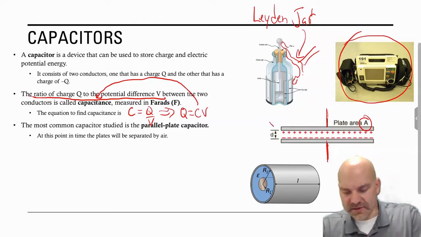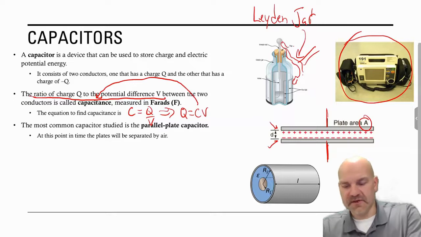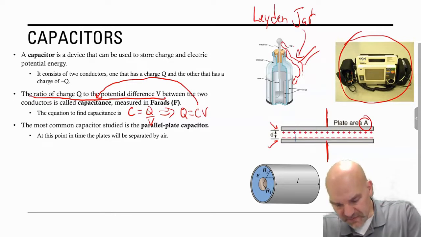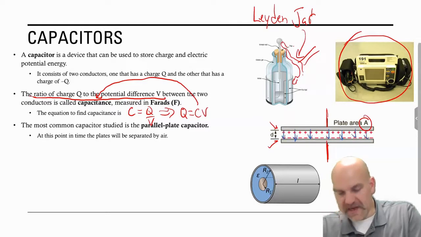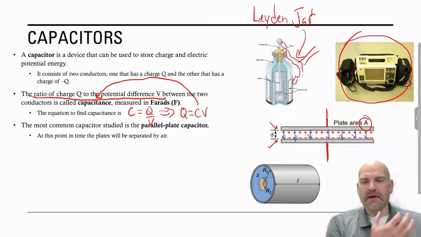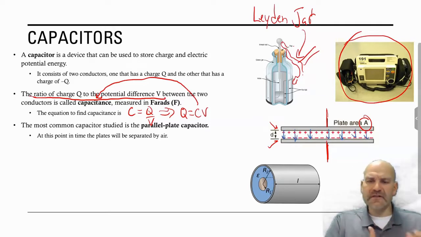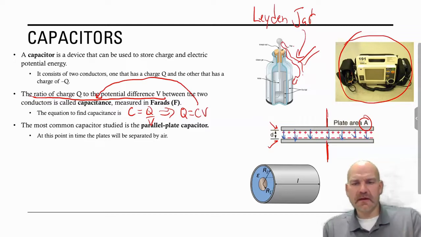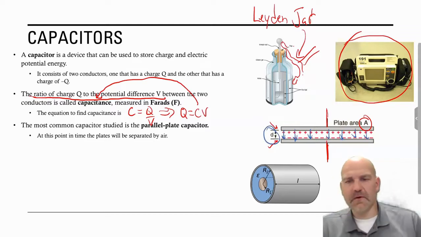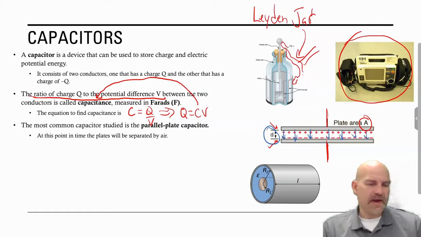You have one plate that's positively charged, one plate that's negatively charged, which means we have an electric field going through here. So we got a voltage, an electric potential, a potential difference, and energy. What really focuses on the capacitor is the area of the plates and then the distance between them.